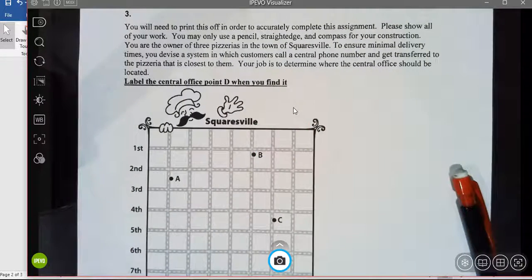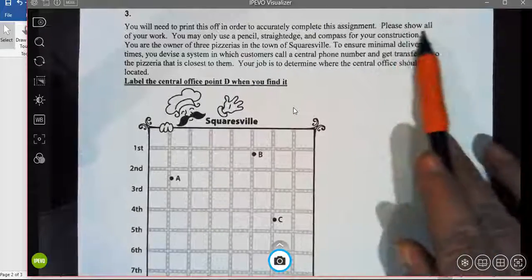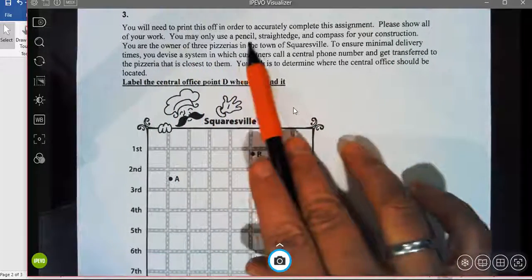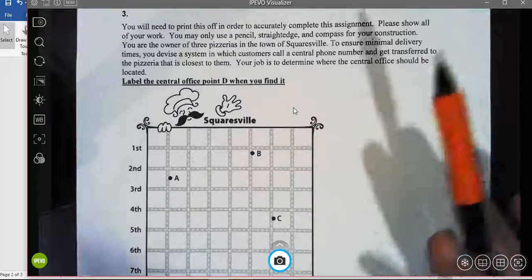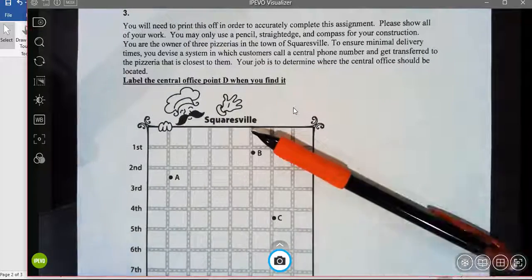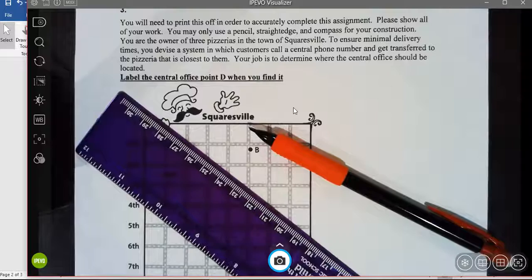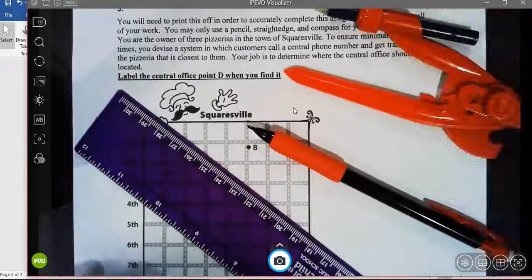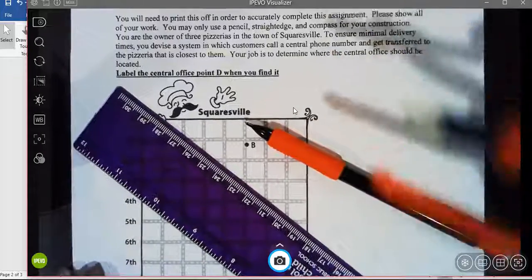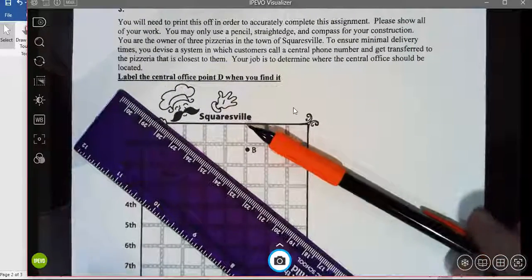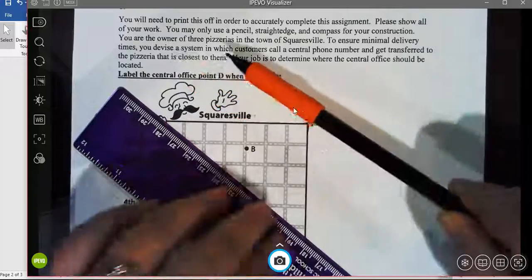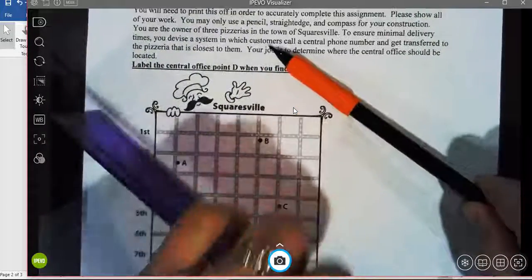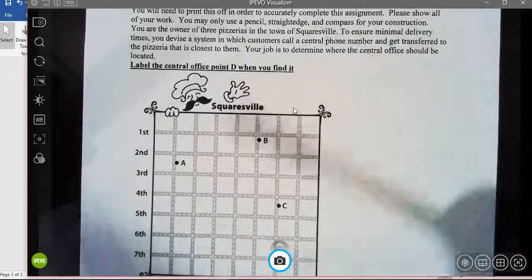Please show all of your work. You may only use a pencil, straight edge, and a compass for your construction.